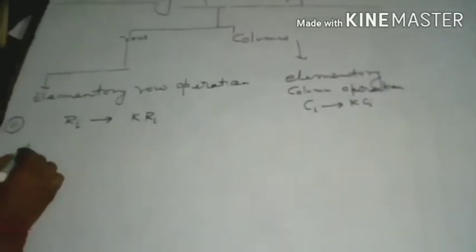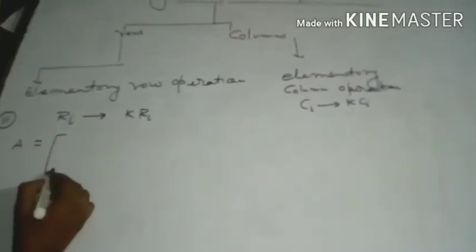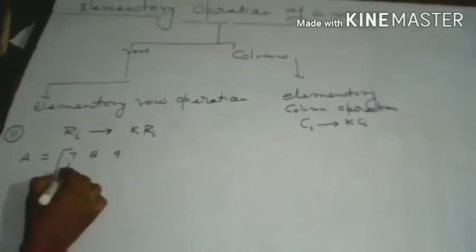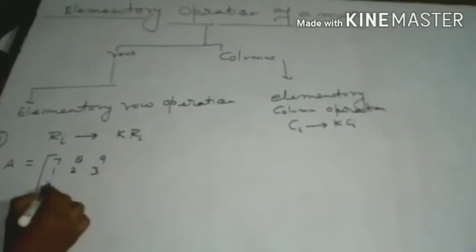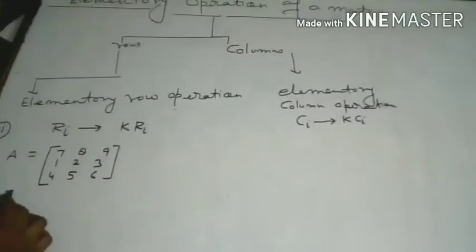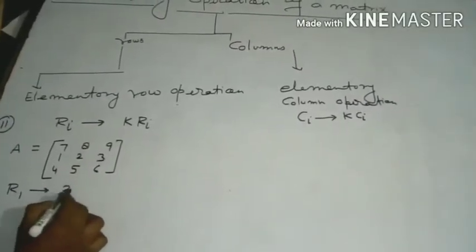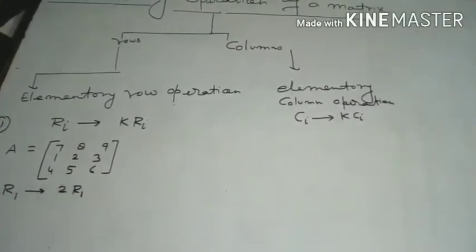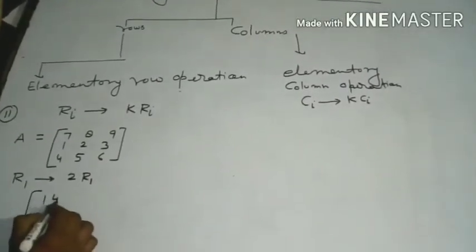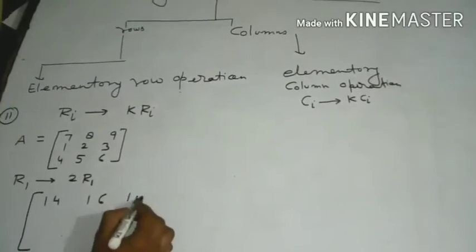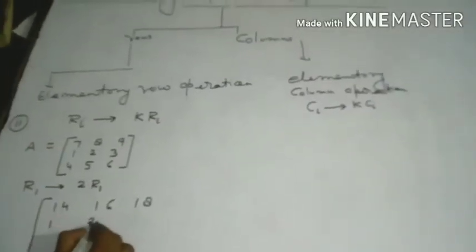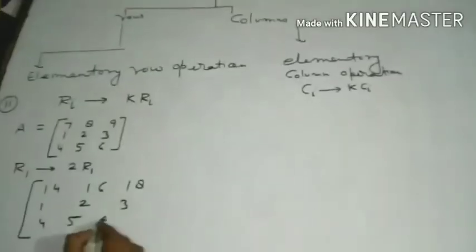For that, again take the example A equal to 7, 8, 9, 1, 2, 3, 4, 5, 6, and in R1, if we multiply 2 times R1, what will we get? This becomes 14, 16, 18, then 1, 2, 3, and 4, 5, 6.